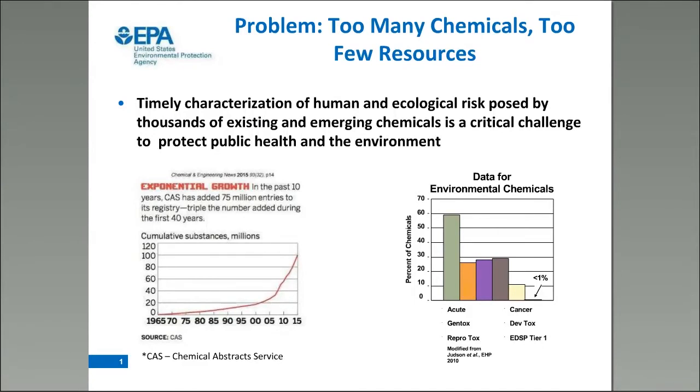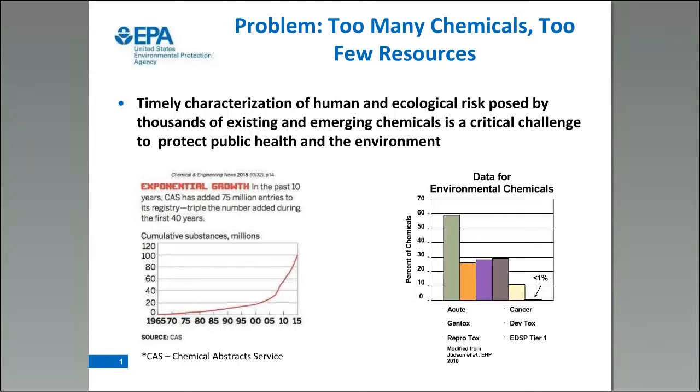So the first is, why does the dashboard exist? The problem that many of us are aware of is that there are too many chemicals and too few resources. And so this is addressed in a lot of ways. We recently have been talking about the need for new approach methods or non-animal methods to acquire more chemical toxicity data for both human health and environmental or ecological risk assessments.